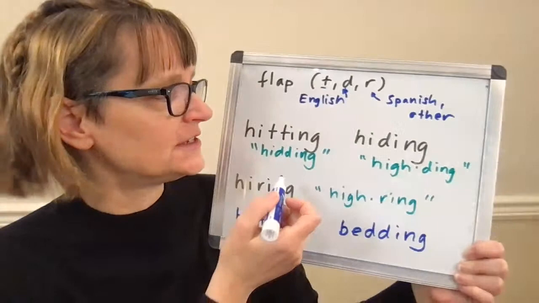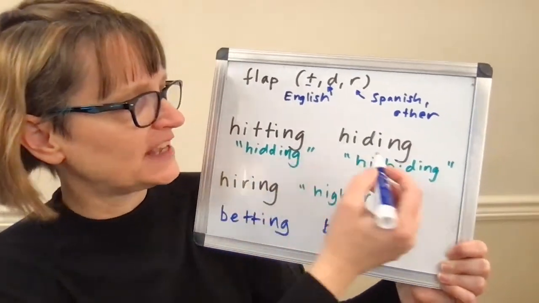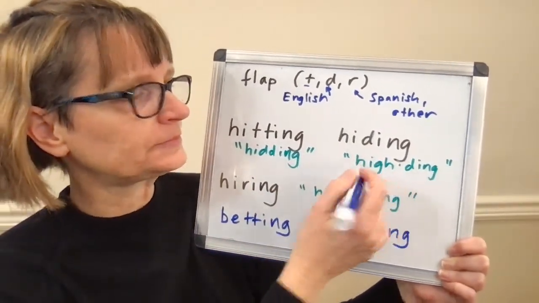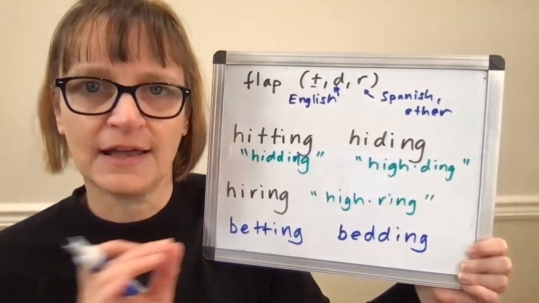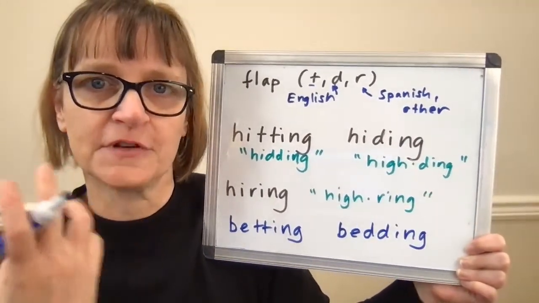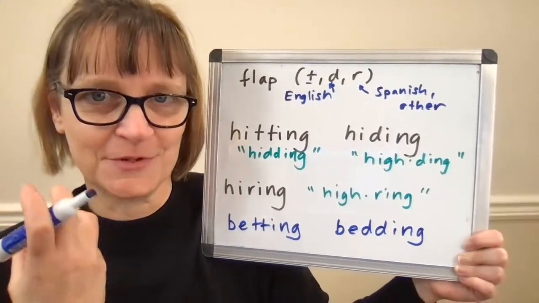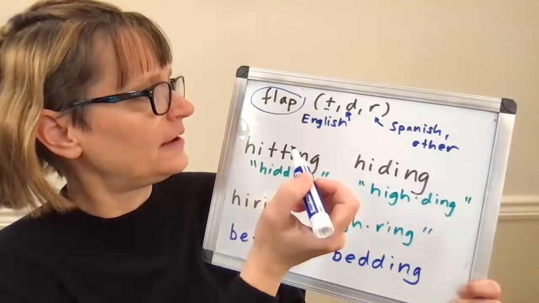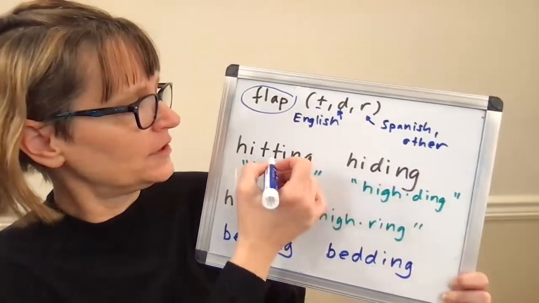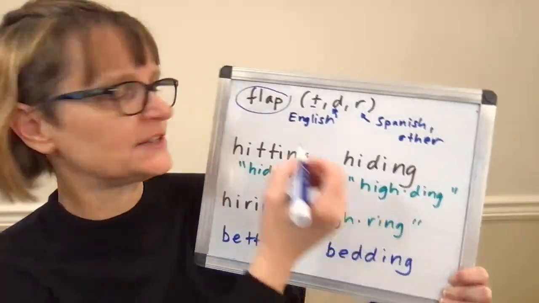So the difference is, if you heard me say, for example, let's do it with hiding. If I did hiding versus hiding, you can hear there's a slight difference in how the air gets stopped for that D sound. So this flap is here in the middle of words in English for T's and D's.